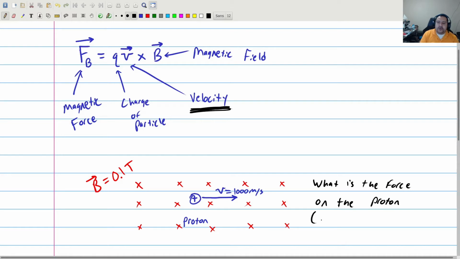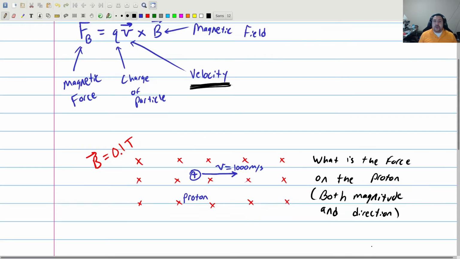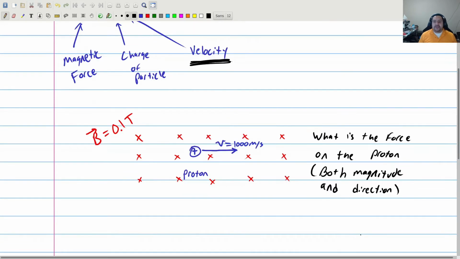And I want to know both magnitude and direction. Well, since this is a nice 90-degree type thing going on here, we can use the cheater way. To find a cross product, we can use the first vector times the second vector times the sine of the angle between them. So we can use that to find the magnitude, and we can use the right-hand rule in order to figure out the direction.